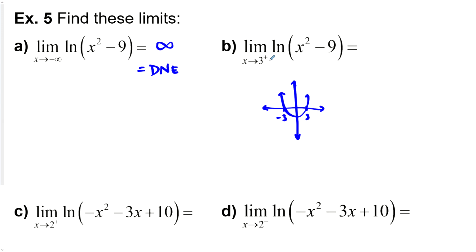Now, we want to determine what happens to the natural log as its argument gets closer and closer to 0. Now we think of the natural log function, and that looks like this. And as we get closer and closer to 0, we follow this graph down, and it goes off to negative infinity. And that's some useful information if we were trying to sketch this, but as a limit itself, that does not exist.